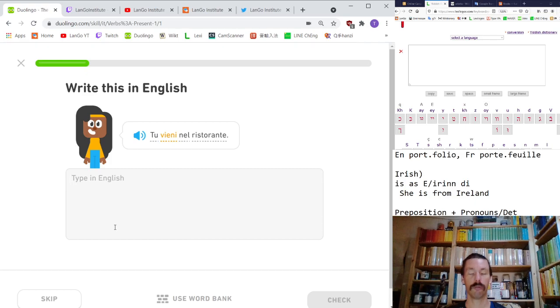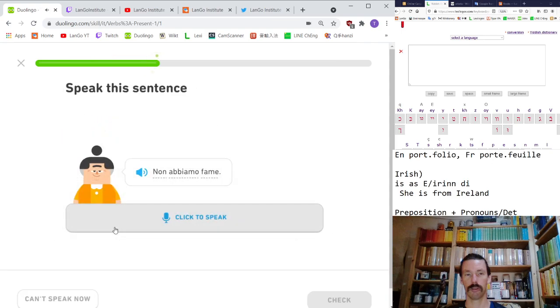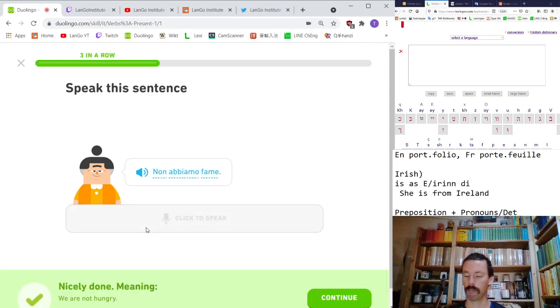Tu vieni, you come. Nel, that's a fusion. Nel ristorante, into the restaurant. Abbiamo una tazza. Non abbiamo fame. We don't have hunger.